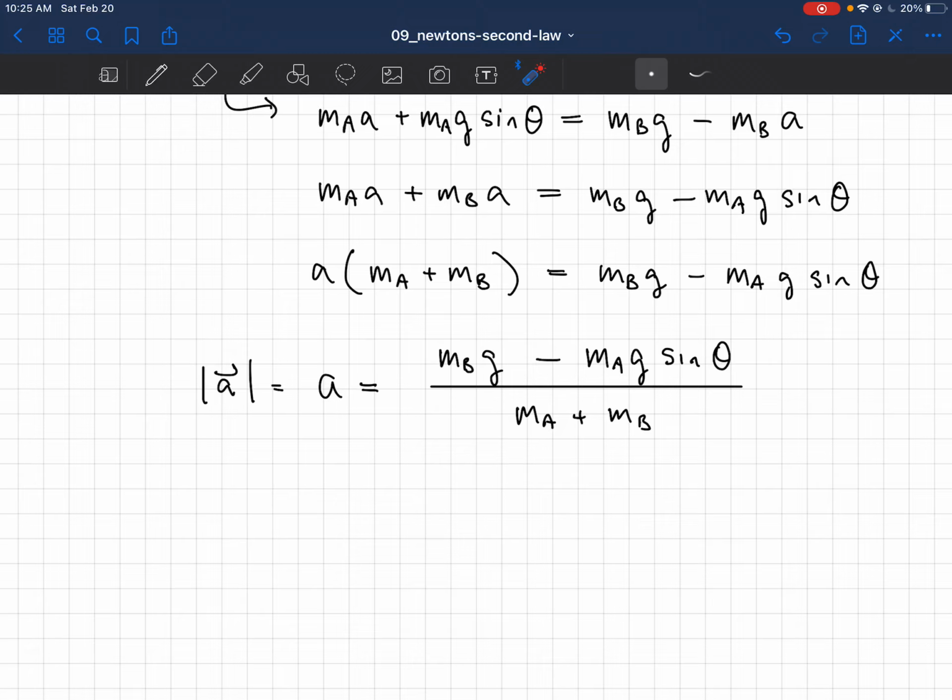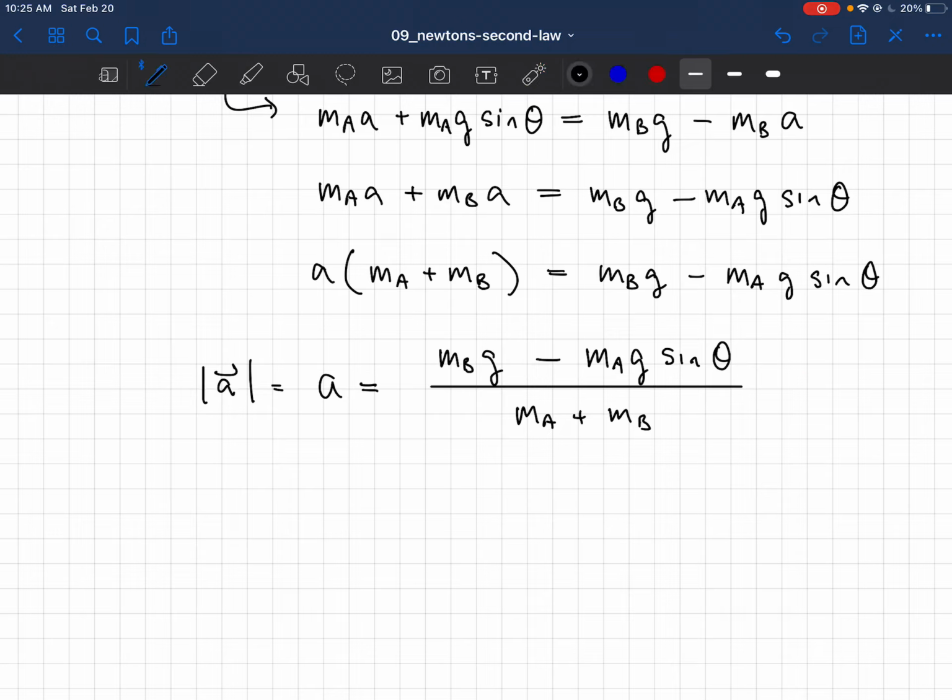So the acceleration is equal to 8 kilograms times 9.8 meters per second squared minus 10 times 9.8 times sine of the angle, which was 60. And then we divide that by m_A plus m_B. Well, that's 18 kilograms.